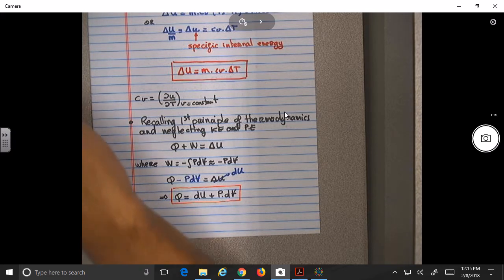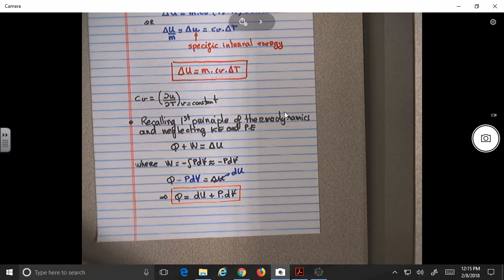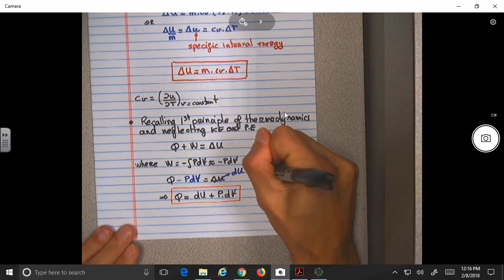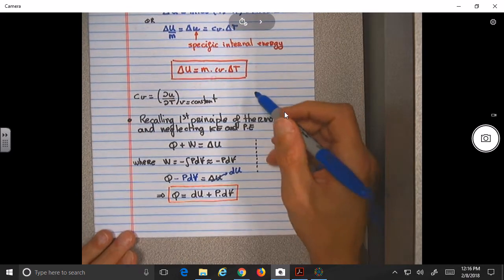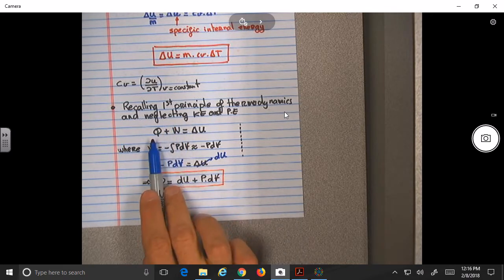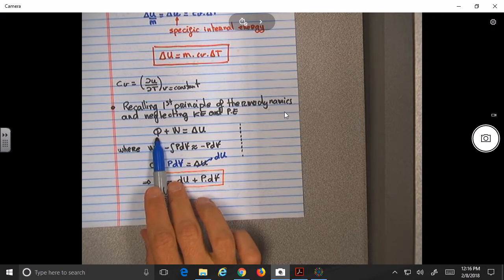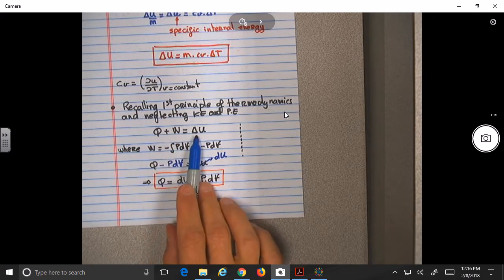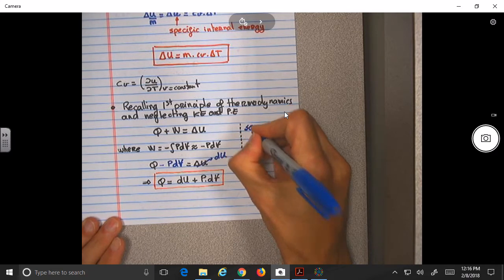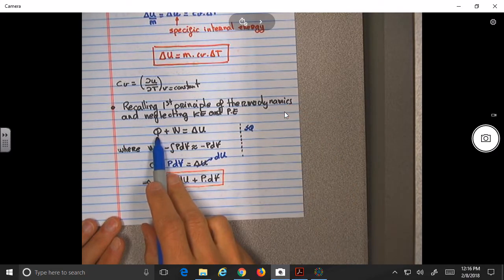You have a question? Go ahead. What happened to the integration sign is this. Let me do it here on the side. I decided in this class to use this notation over here. But really, the general form of writing this equation: this is the amount of heat transferred, and this is a change in internal energy. But you cannot have the full energy equal to a change.